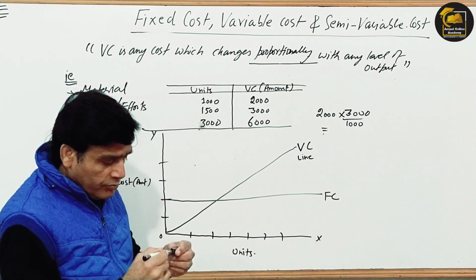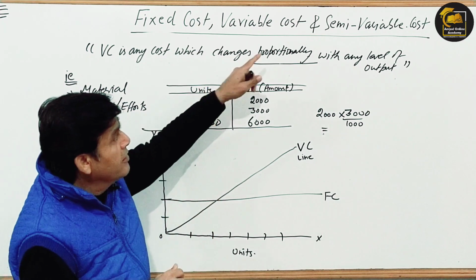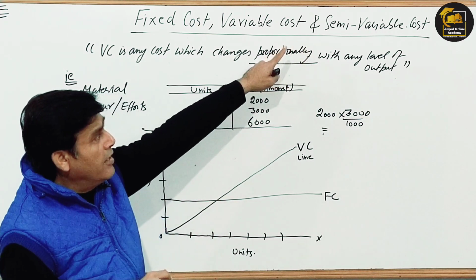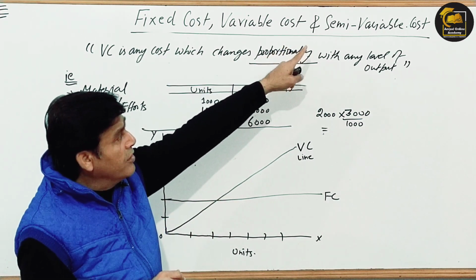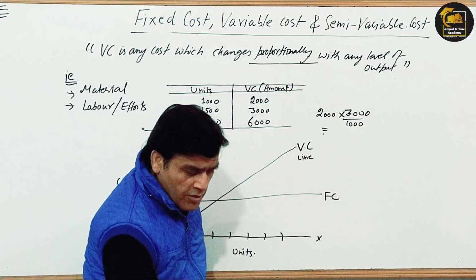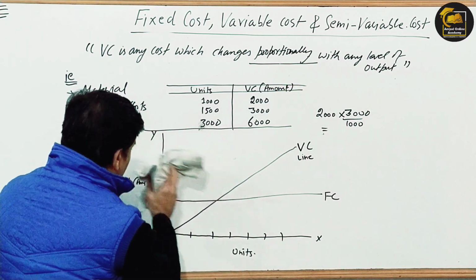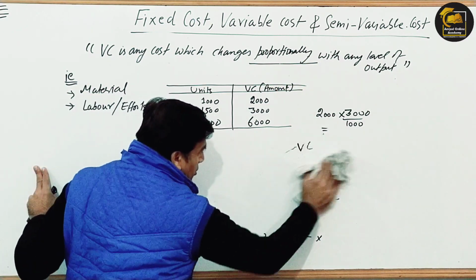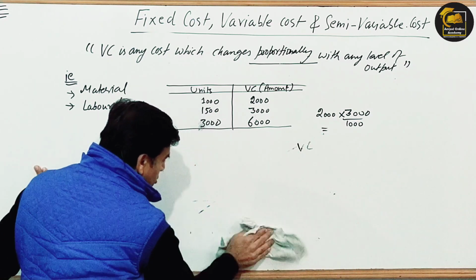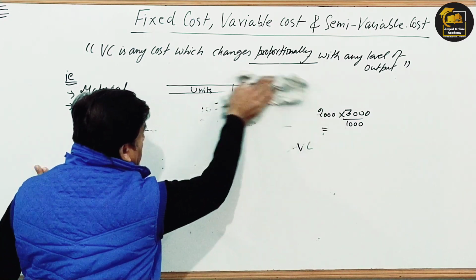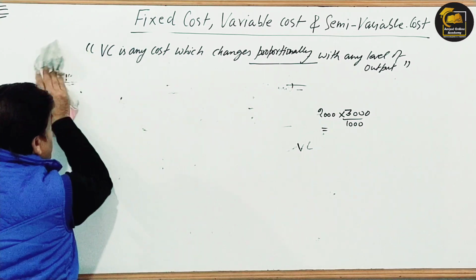Now we are coming to the third segregation, that is semi-variable cost. Let me tell you now about semi-variable cost. I hope this distinction is clear.